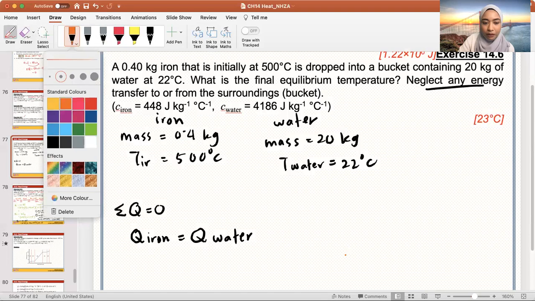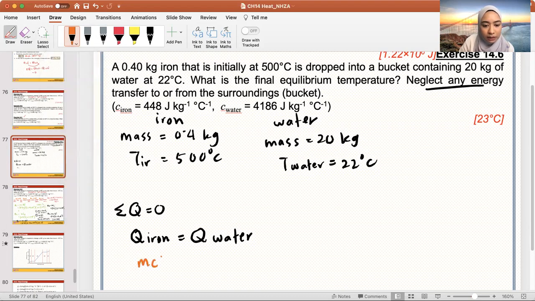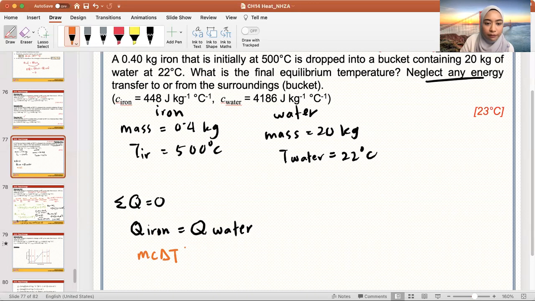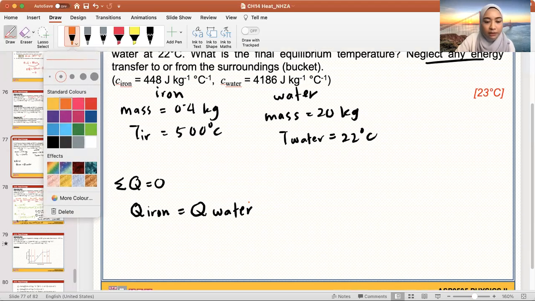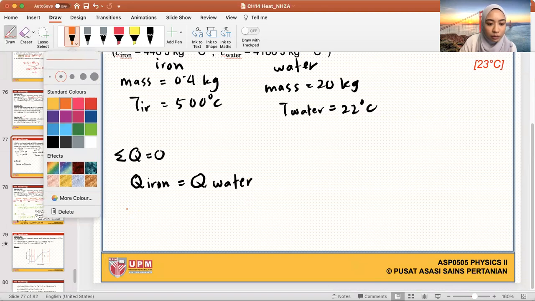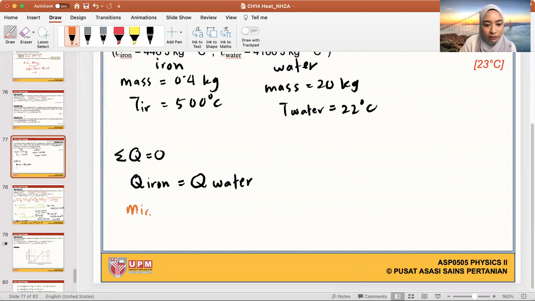Okay. So Q iron is MC delta T. Okay, so let's just calculate that first. We don't know what the final temperature is for the iron. I know this is new to you, so sabar, I need to gather my thoughts too. So M mass of iron, C iron, delta T iron.